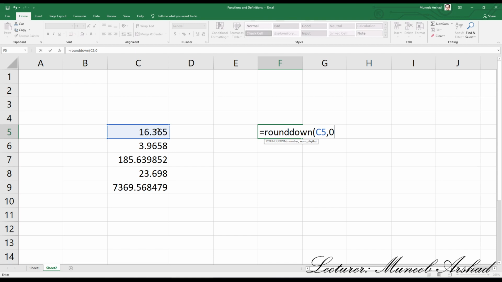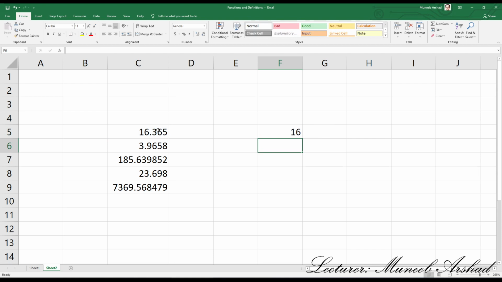Now 16.365 when rounded down is going to give you 16 as it is. But look at 3.9. When we applied the round function, it gave us the answer as 4. But in this case, when we apply round down, it is going to forcefully round it down to a lower number.